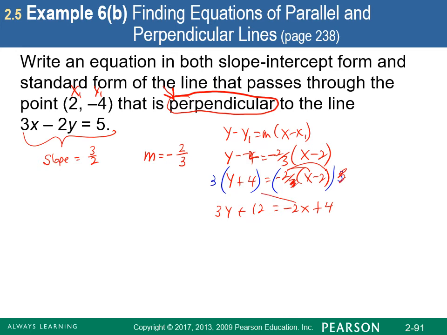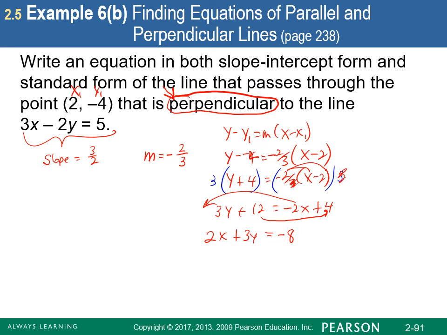Moving the 2x to the other side, we have positive 2x, positive 3y, moving the 12 to the right, making it minus 12. 4 minus 12 would be negative 8. So there's the standard form.